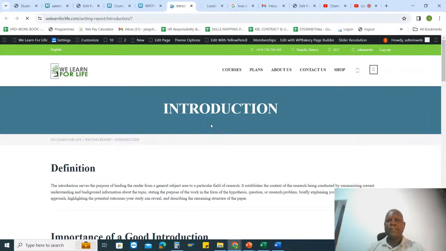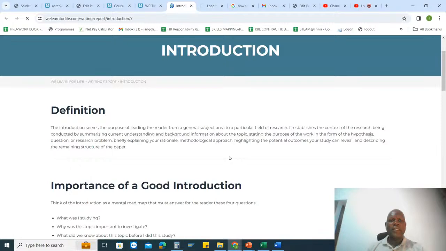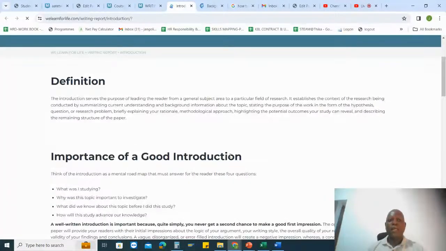As we are looking at the introduction, it's important that it serves the purpose of leading the reader from a general subject area to a particular field of research or field of conversation, because it's report writing. Your introduction is conducted by summarizing current understanding and the background information.